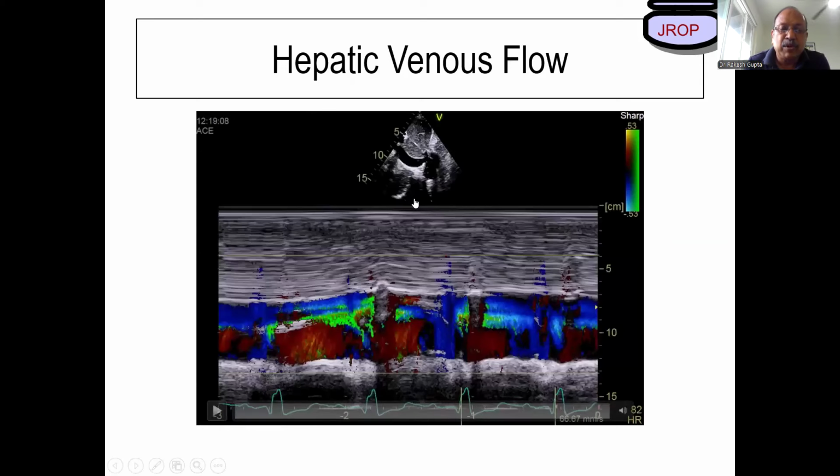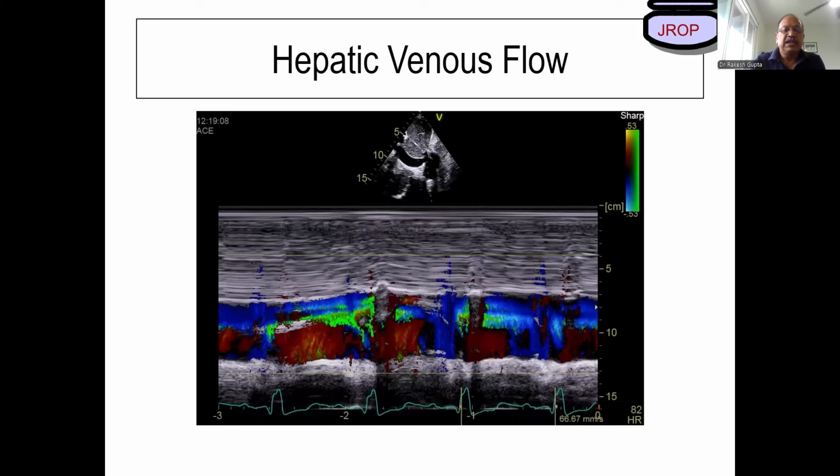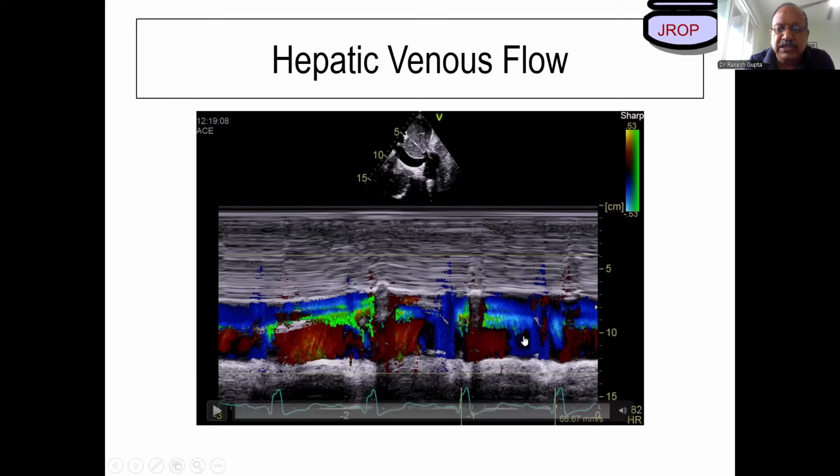If I put a cursor across this line and do an M mode, this is the beginning of systole and diastole. Look, it's all red through and through. Same patient, if you happen to see a significant tricuspid regurgitation, look, this is a forward flow, and there's a reversal of flow.